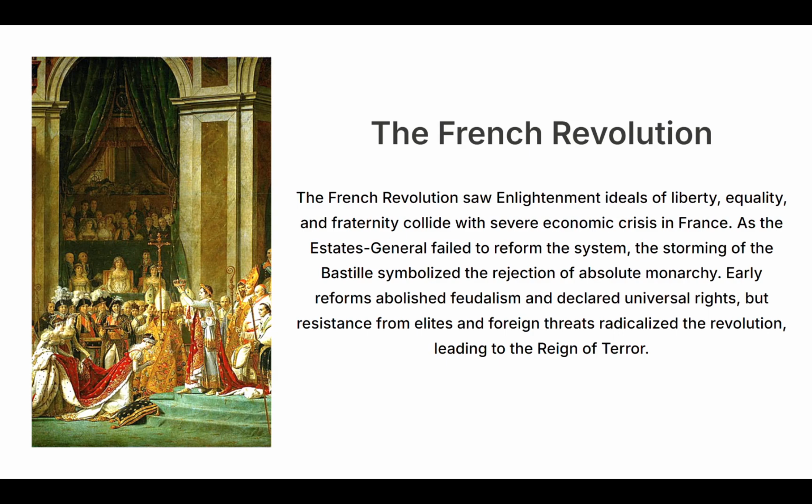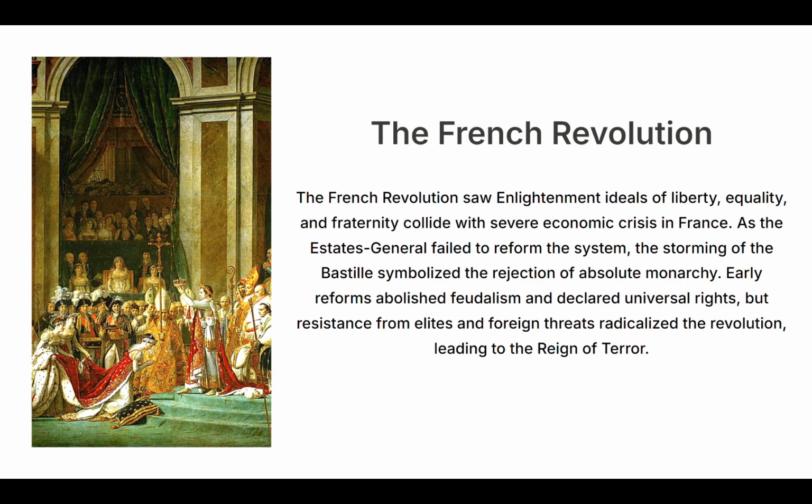Early reforms abolished feudalism and declared universal rights. But resistance from French elites and foreign threats to France radicalized the French Revolution. The Reign of Terror followed, showing that revolutionary nationalism could turn violent.